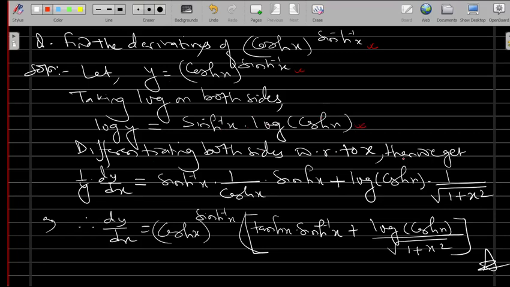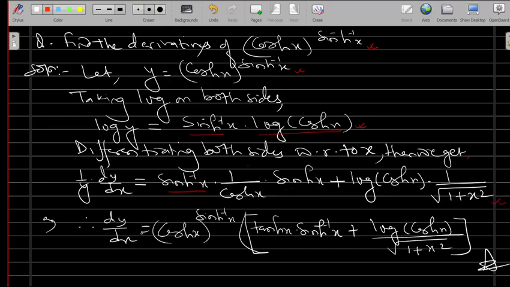Differentiating both sides with respect to x, we obtain 1/y dy/dx equals, first no change, derivative of second: we already discussed, log x is 1/x and cos hyperbolic x is sine hyperbolic x, plus second no change, that is log cos hyperbolic x no change, derivative of sine inverse x is 1 over root under 1 plus x square.